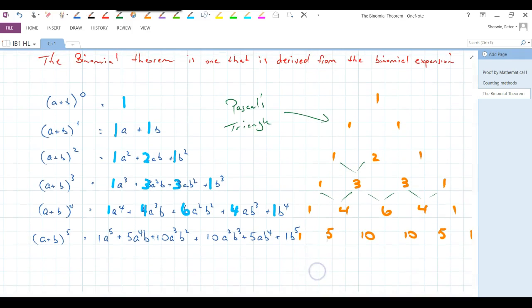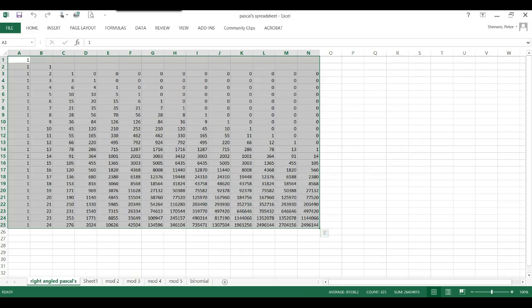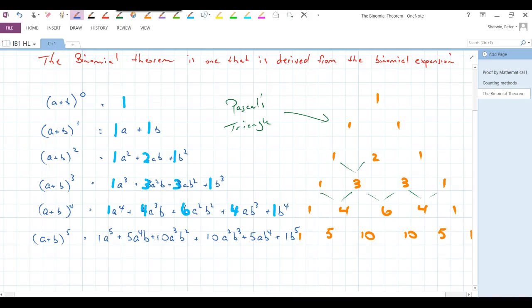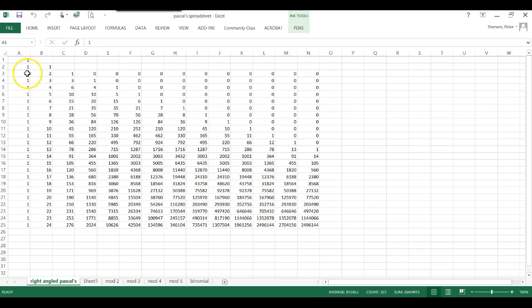If we have a look at my coefficients here, 1, 1, 1, 1, 1, 2, 1, 1, 3, 3, 1, if we put those into a spreadsheet, so all I did here was create a spreadsheet: 1, 1, 1, 2, 1, 1, 3, 3, 1, 1, 4, 6, 4, 1, 1, 5, 10, 10, 5, 1.